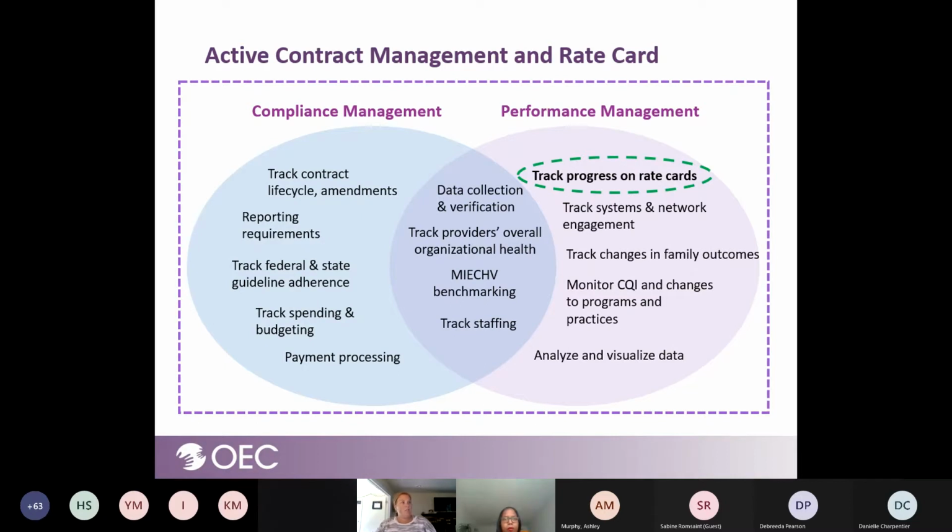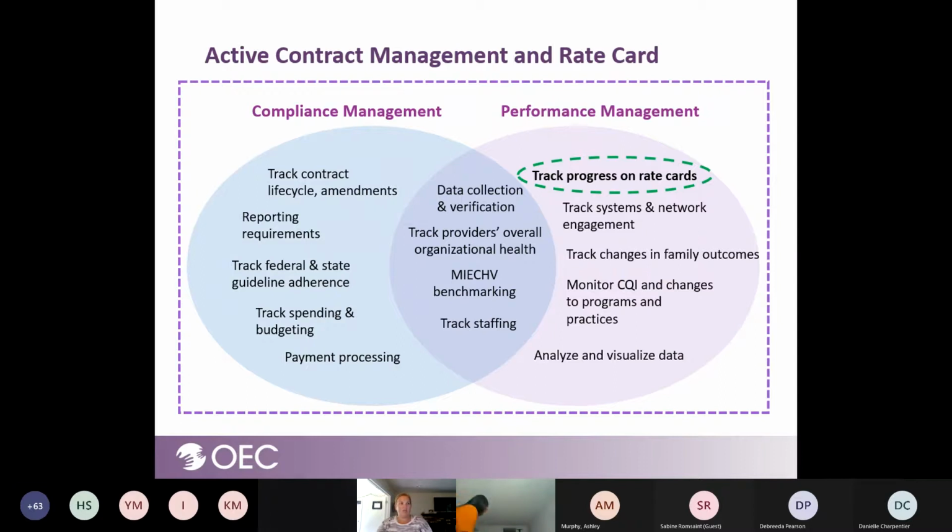So OEC is going to be piloting an active contract management process for this contract cycle, which is outlined here in this slide. The active contract management process features 2 components, a compliance management and performance management. Compliance management is intended to track how efficiently OEC funds are being used and if contract deliverables are being met.